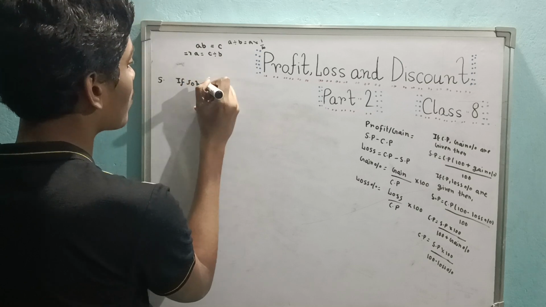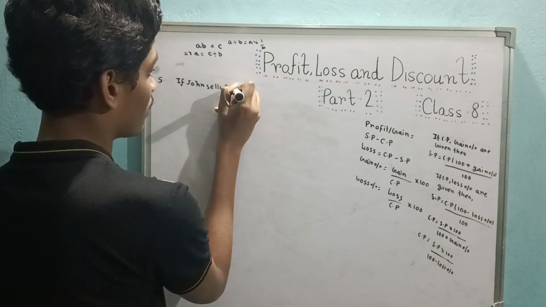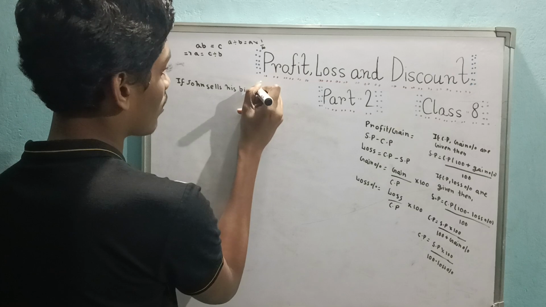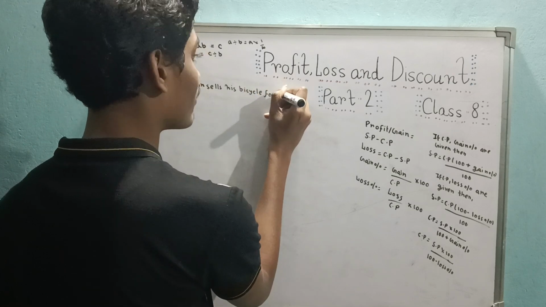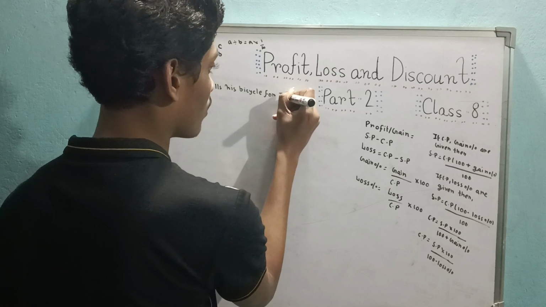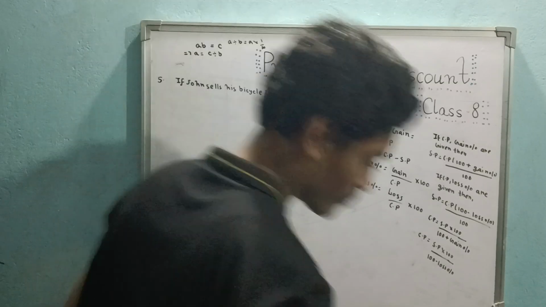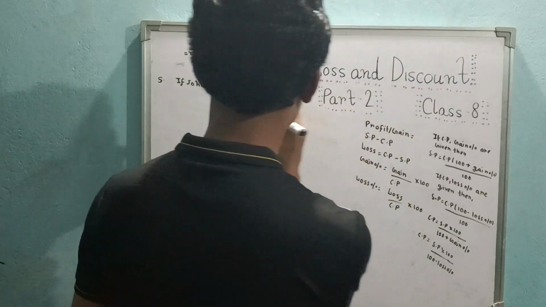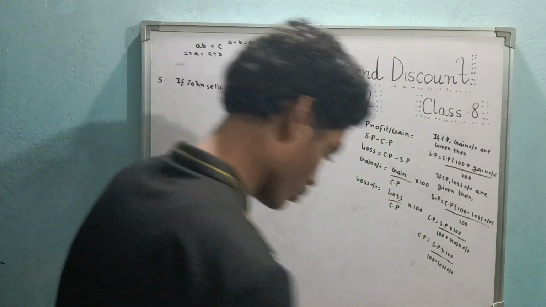If John sells his bicycle for rupees 637, nice, he will suffer a loss of 9%. Okay, that's not good. He shouldn't be selling this at 637, you know.